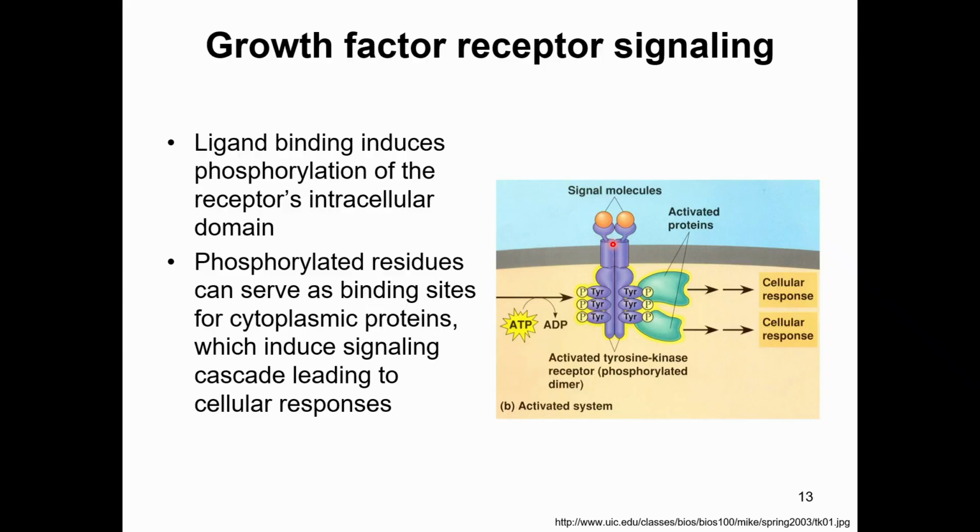And then it has a single transmembrane domain. So that's filled with hydrophobic amino acid residues. Oftentimes they form an alpha helix that spans a membrane. And then growth factor receptors have a cytoplasmic domain that extrudes into the cytoplasm. And within that cytoplasmic domain are multiple tyrosine amino acid residues, okay?